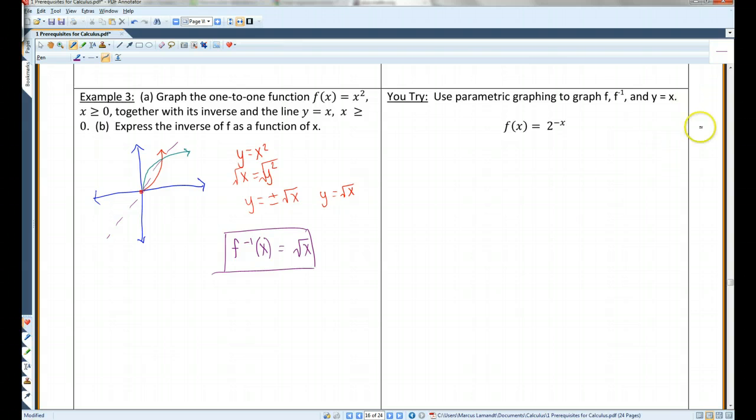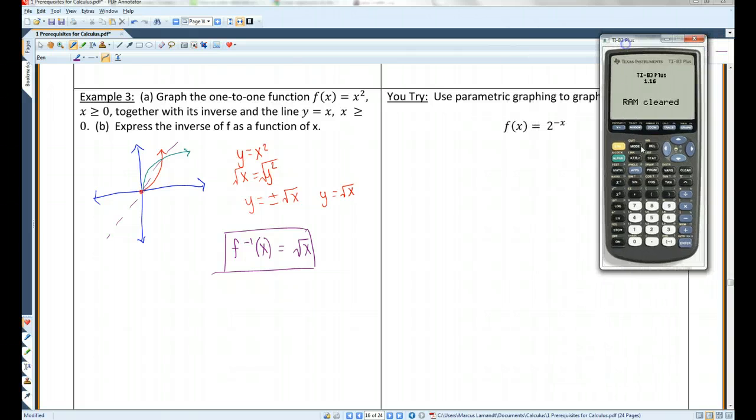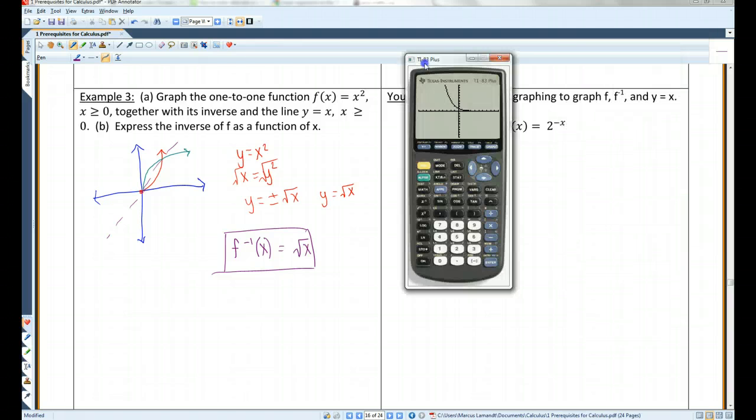Okay, use parametric graphing to graph f, inverse f, and y equals x. Alright, well, first things first, let's grab the calculator. 2 to the negative x. Looks like that.